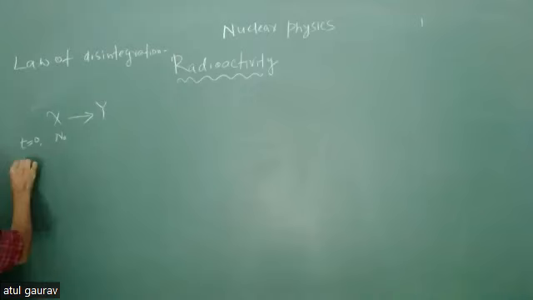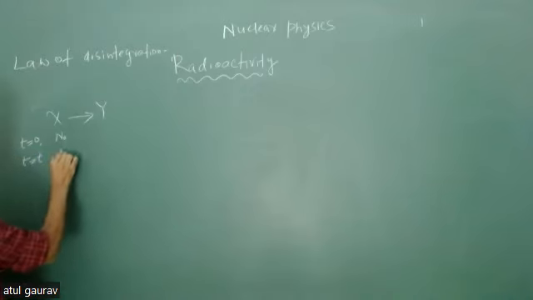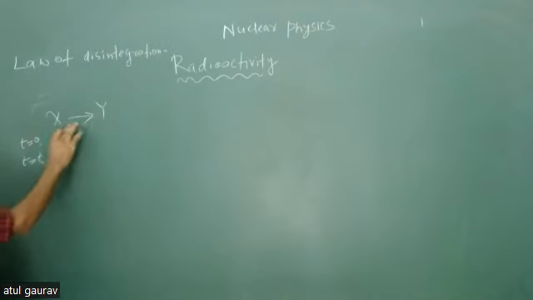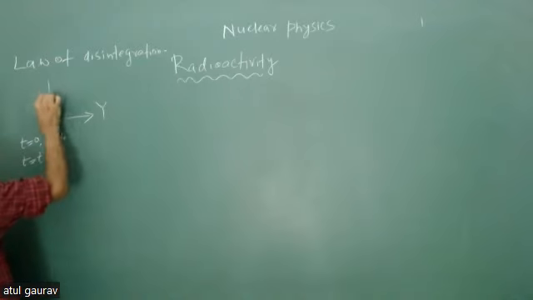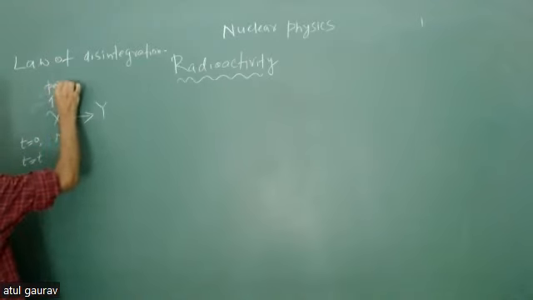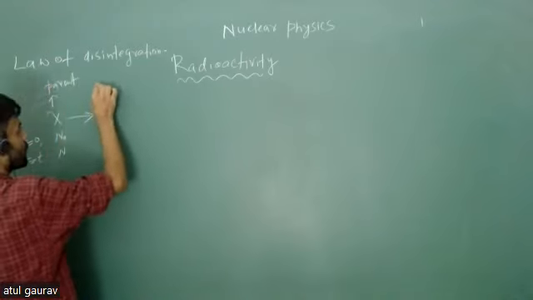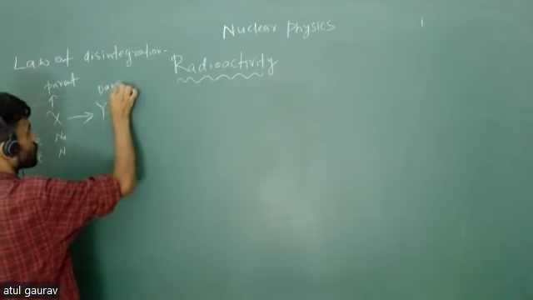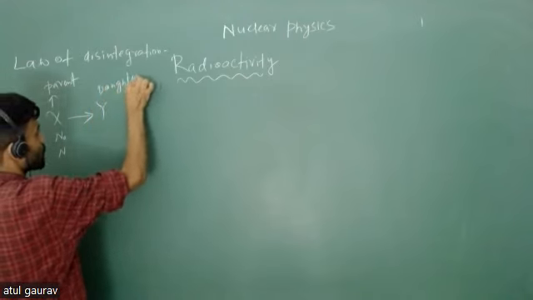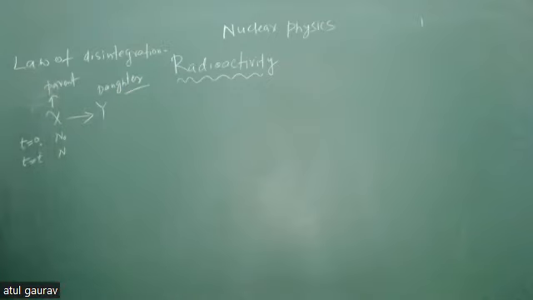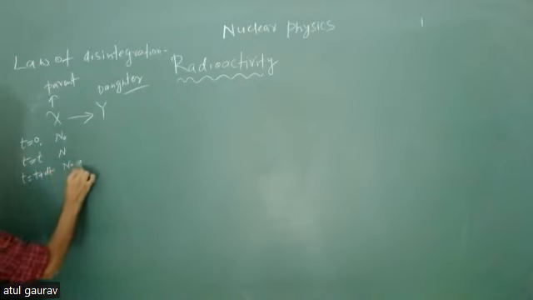After time t equals t, let us assume the number becomes n because it is decaying to Y. So this is the parent nuclei and this is your daughter nuclei. Then after time t plus dt, the number becomes n minus delta n.